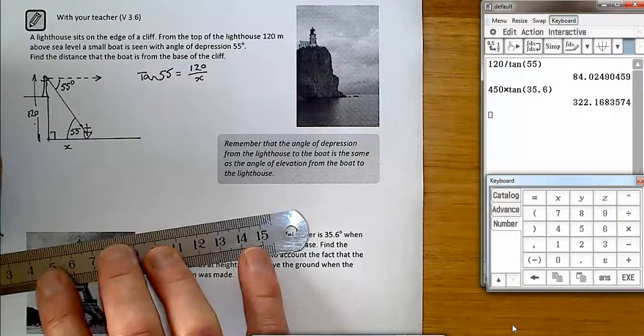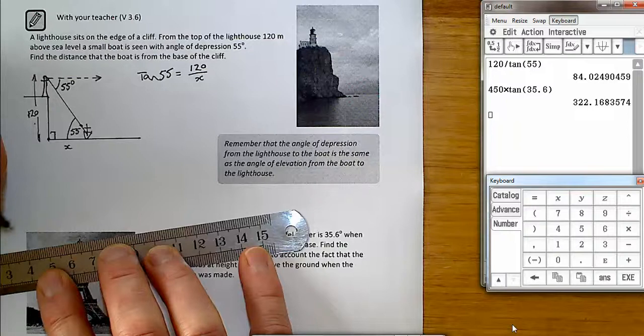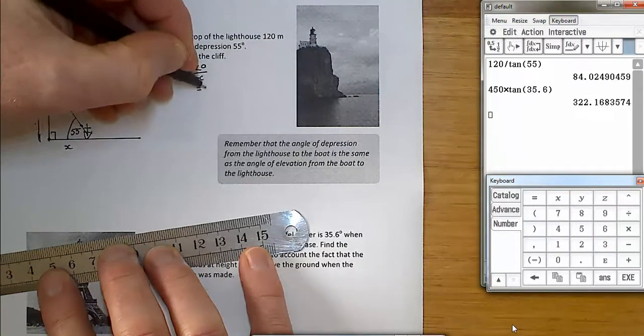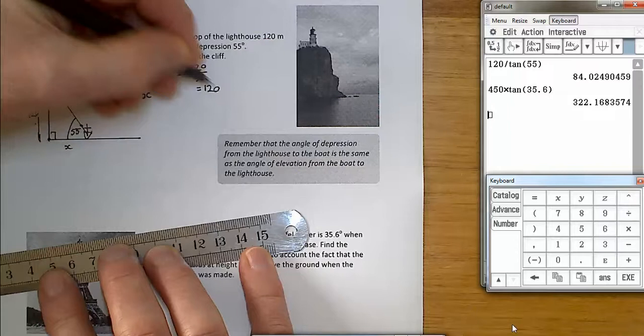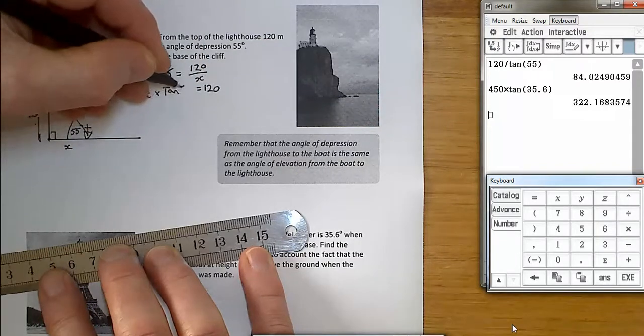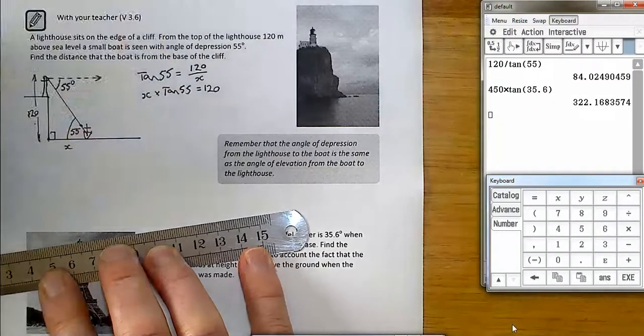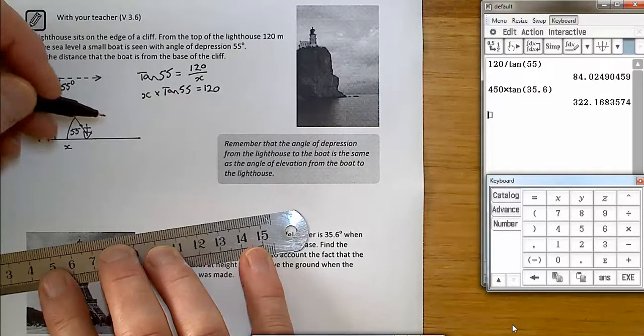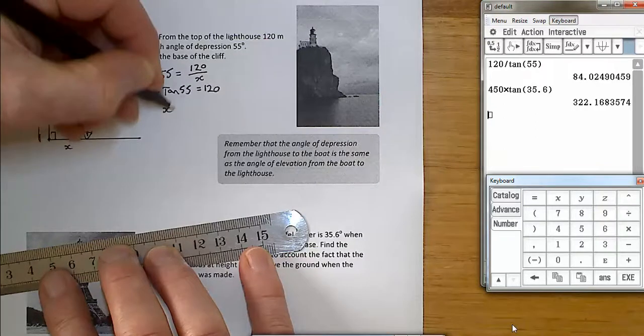Now if I was to multiply both sides by x, I'm going to get rid of the x on this side over here, but it's going to turn up over here. x times the tan of 55 equals 120. I want to get x by itself, so if I now divide both sides by the tan of 55, that will get rid of that tan 55.